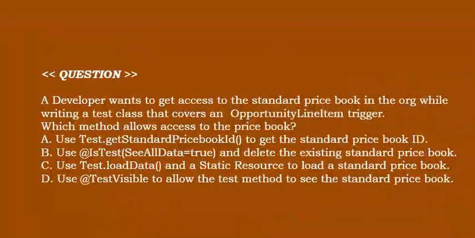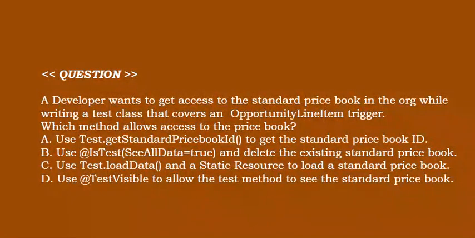Question is, a developer wants to get access to the standard price book in the org while writing a test class that covers an opportunity line item trigger. Which method allows access to the price book? Option A. Use the Test.getStandardPricebookId method to get the standard price book ID.